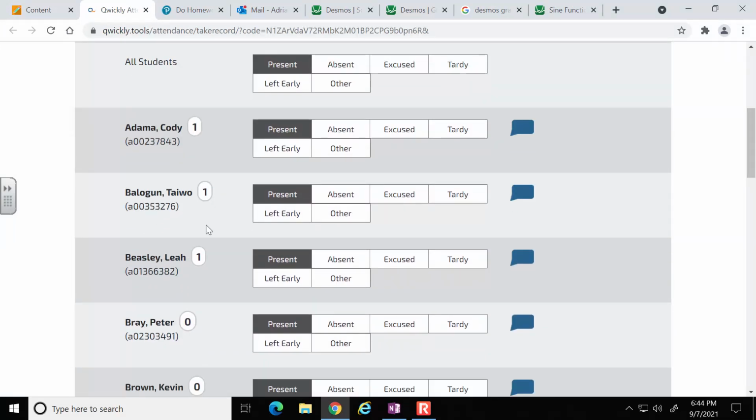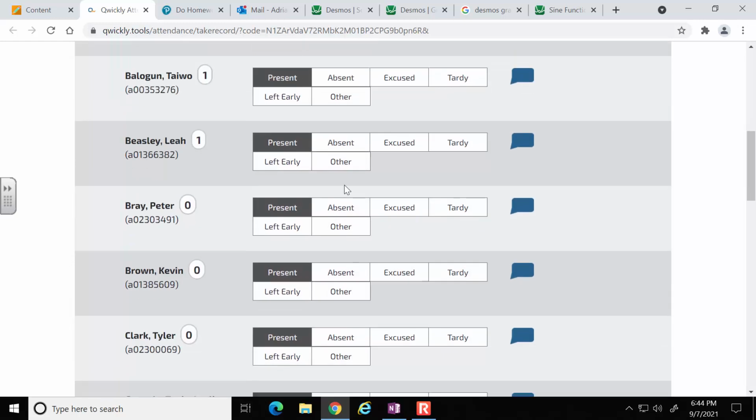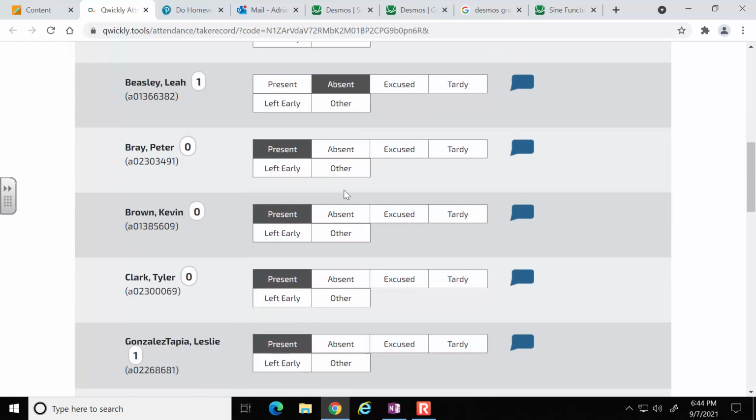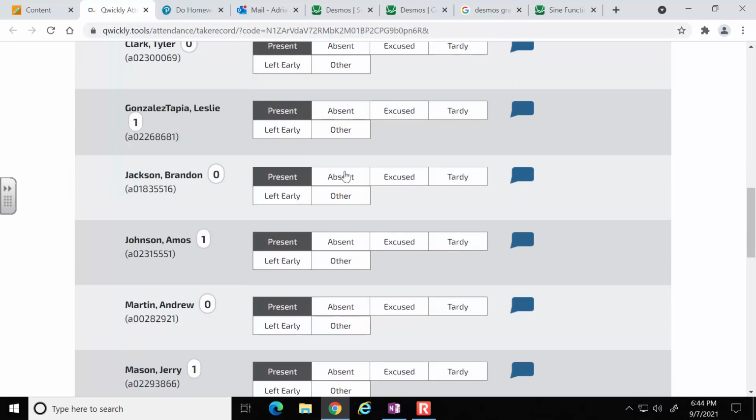All right, let's see. Cody is not here. He told me he wouldn't be here. Tawo? All right. Did I say that okay? Okay. Leah Beasley, not here. Peter Bray is here. Kevin Brown, here. Tyler Clark. All right. Leslie is here. Brandon Jackson.